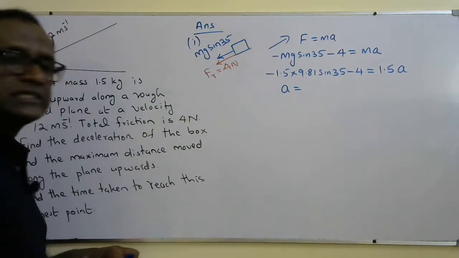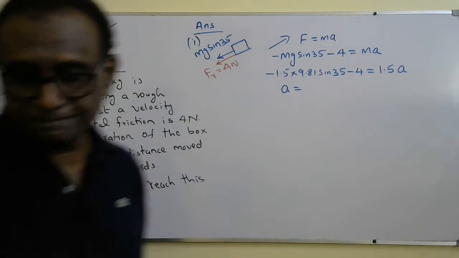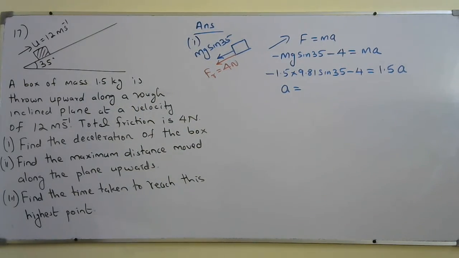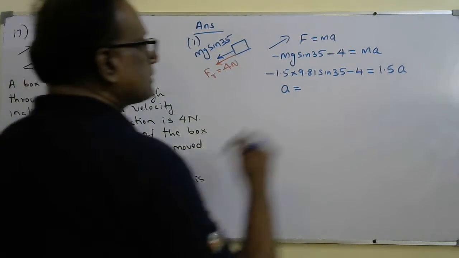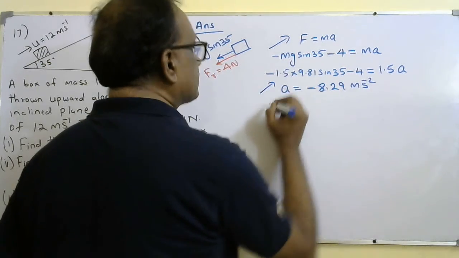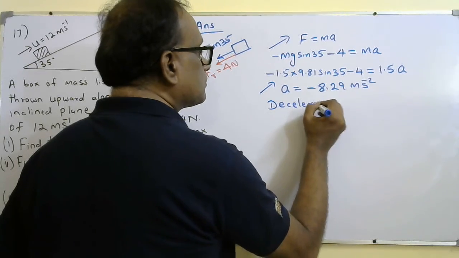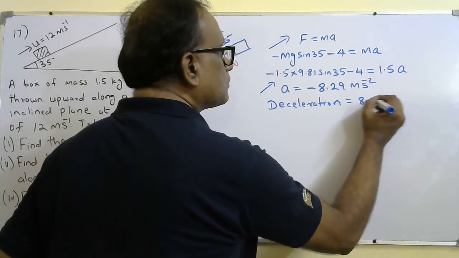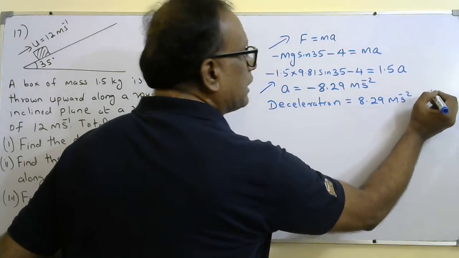Along the direction of motion, a is negative means it is deceleration. So that will be minus 8.29 meter per second squared, deceleration along the plane up.